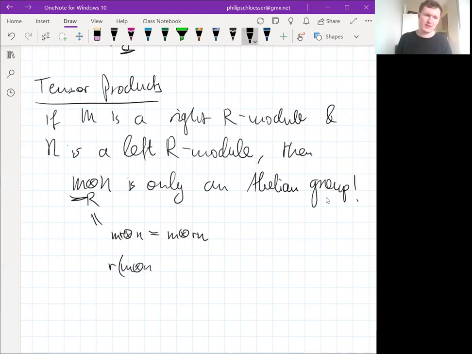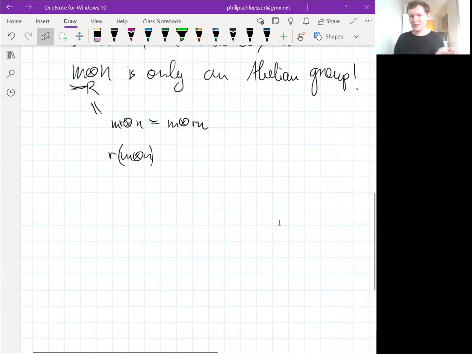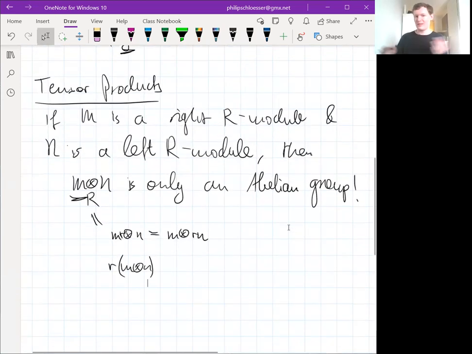Of course, there exists a generalization. If M is a right R module and also a left module over some other ring, and N is also a left R module, then this tensor product would be a left module over that other ring. But in any case, this really doesn't help for what we are trying to achieve, because a priori everything is a left R module, or everything is a right R module.